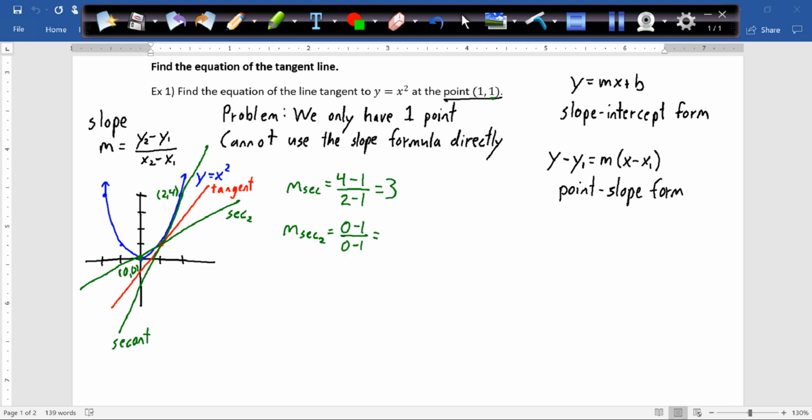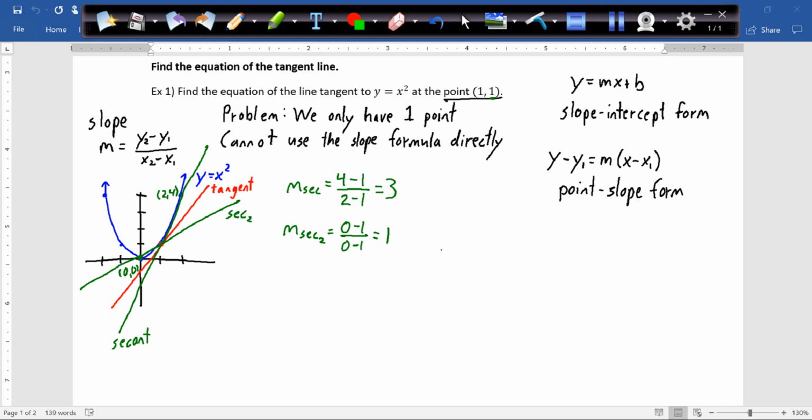So y2 minus y1 over x2 minus x1. And what does that slope come out to be? 1. Just positive 1. So the slope of my tangent line is somewhere between 1 and 3.